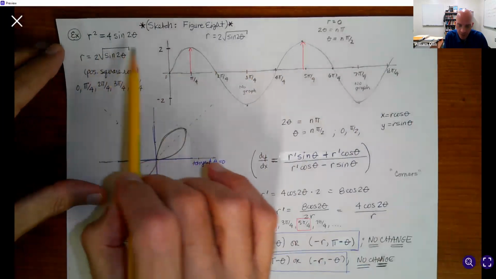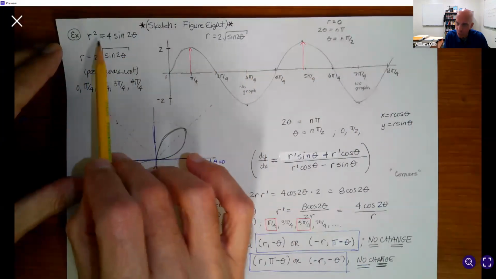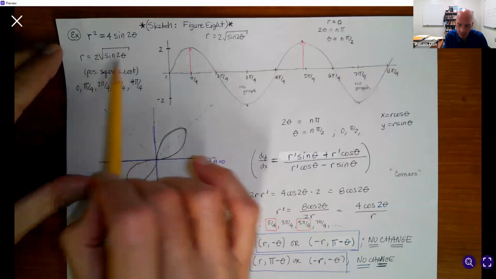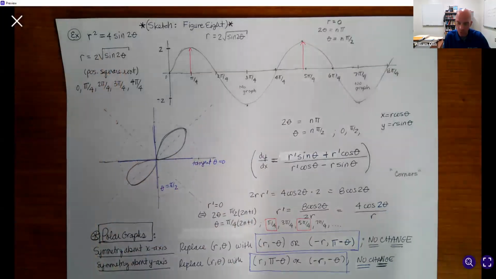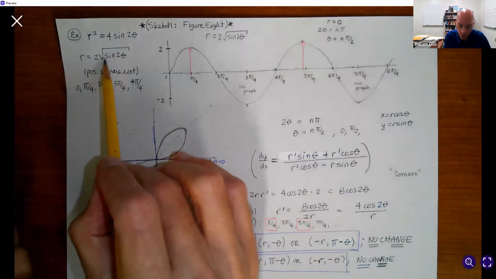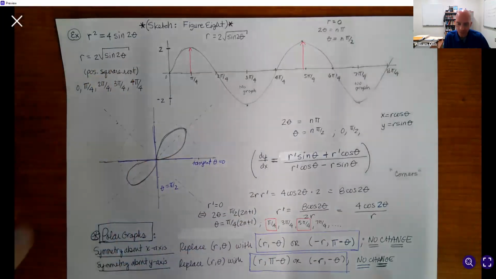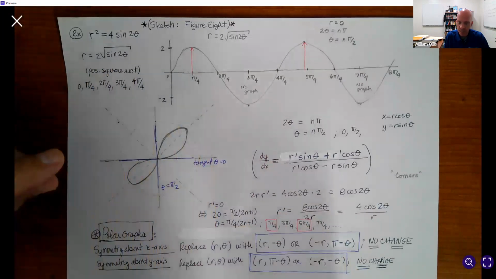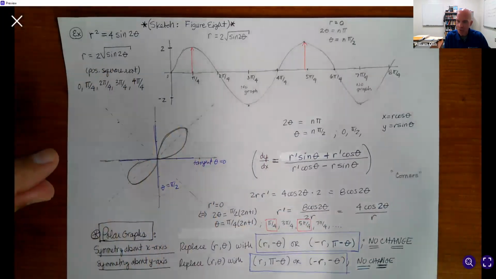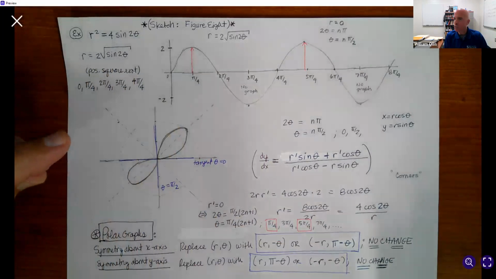If you think of doing the square root property, notice here I'm just looking at the positive square root, so to speak, 2 square root sine 2 theta. And then I cheat a little bit because I know if I take the square root of the sine 2 theta function, the zeros are going to be the same.